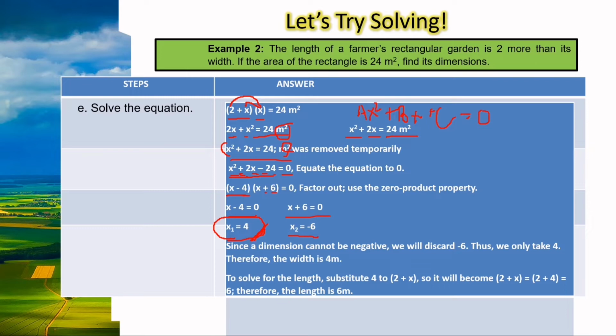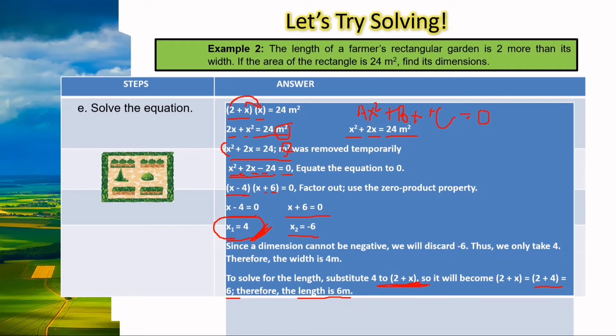So we have 4 as our width, and we look for our length by substituting it to this expression. The length will be 2 plus x. Since the value of x is 4, we have 2 plus 4, and that is equal to 6. Therefore, the length is equal to 6. So what will be the unit of measurement? It's meters. So we have the length as 6 meters and the width as 4 meters.